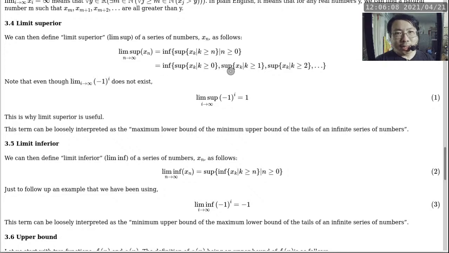In a sense, we are taking the minimum of maximums. But each maximum starts with a particular element of the sequence and goes all the way forward, just keeps going and going. Okay. So are we clear on this concept for now, or are there any questions about this notation?